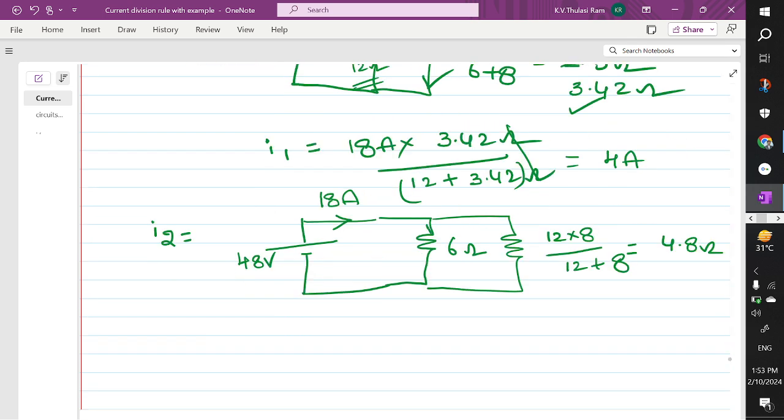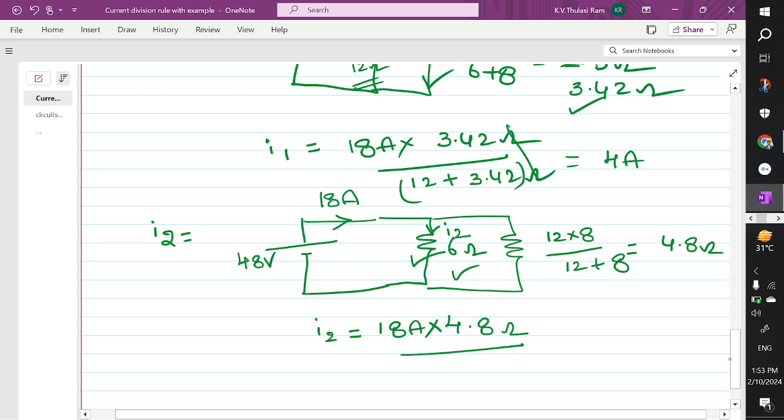The target is to find the current I2. The current I2 is equal to the total current of 18 amperes multiplied by the opposite branch resistance, 4.8 ohms, divided by the sum of the resistors connected in parallel, 6 plus 4.8 ohms.